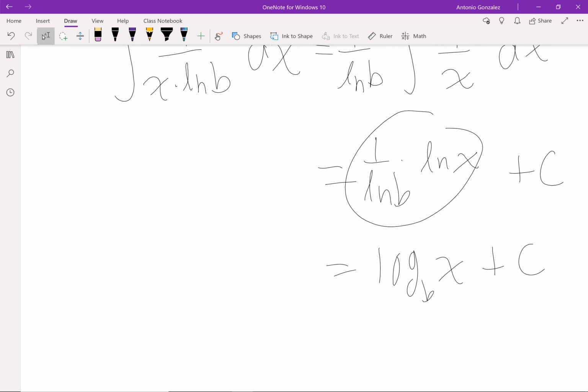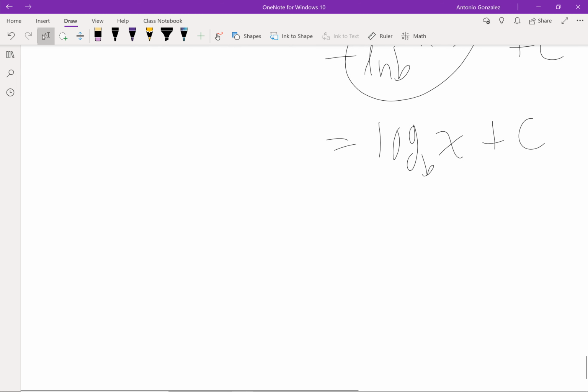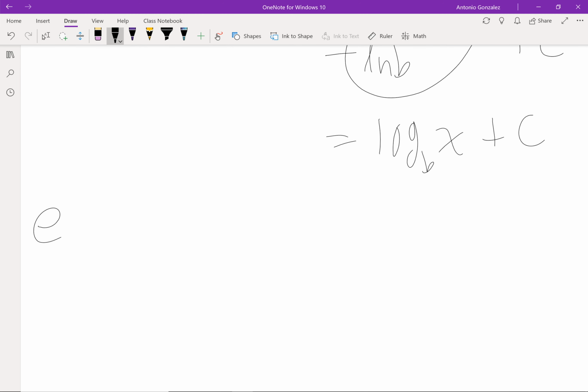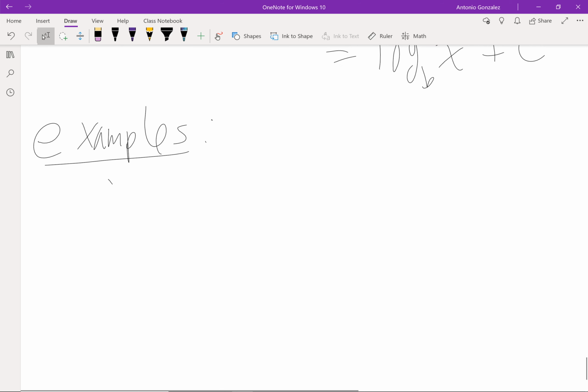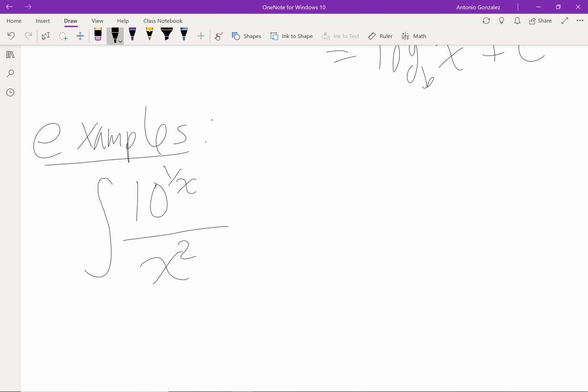Okay. All right, so let's wrap this section up by doing a couple more examples here. So let's say, how about some examples. The integral of 10 to the 1 over x, over x squared dx.